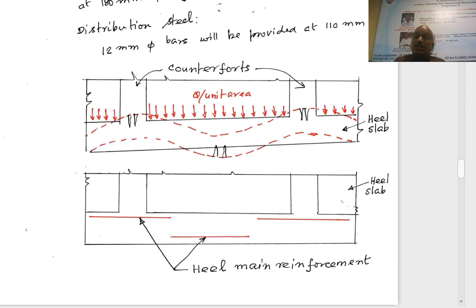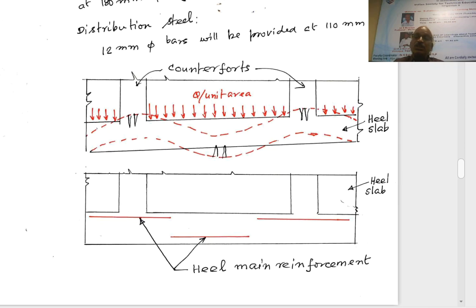This is the longitudinal section. So in the cross section, these reinforcements look like dots at the bottom. At the section of the counterfort, again it is horizontal because tensile cracks occur on the top. You have to provide the steel at the top.